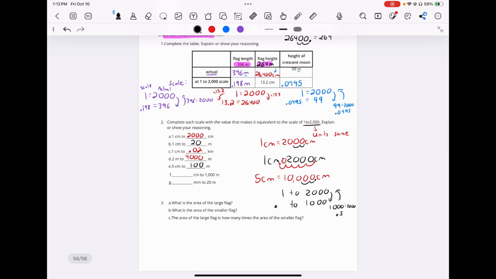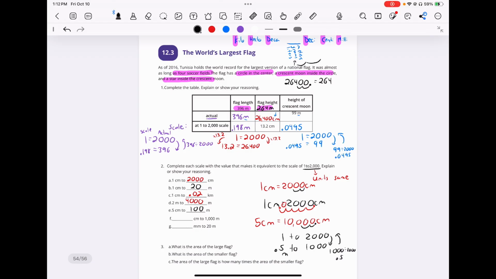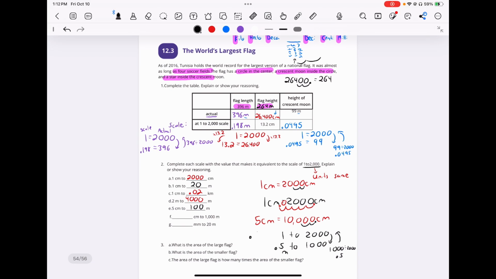So that would be 0.5 meters. But I need centimeters. So if I go back up to my conversion, now I'm at meters and I'm moving 2 units to the right. So I take my number of 0.5, move 1, 2, fill in with another 0. So I have 50.